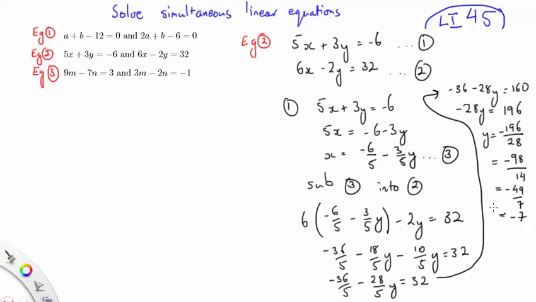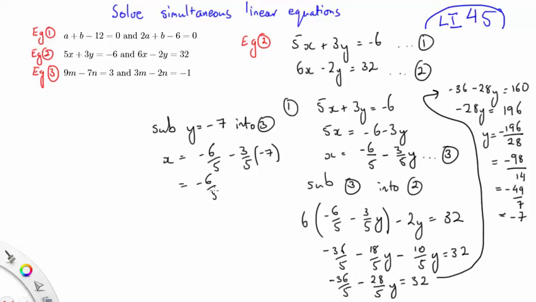So what do we do to solve for x? Now you can sub into here, which is quite nice. We've made an equation that already has x by itself, so we can say sub y equals -7 into equation 3. So that gives us x equals -6 on 5 minus 3/5 times -7, which is -6 on 5 plus 21 on 5, which is positive 15 on 5, which is 3.